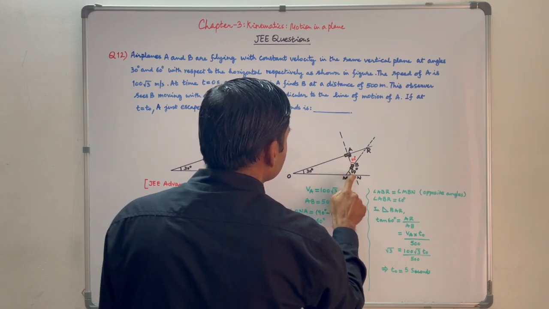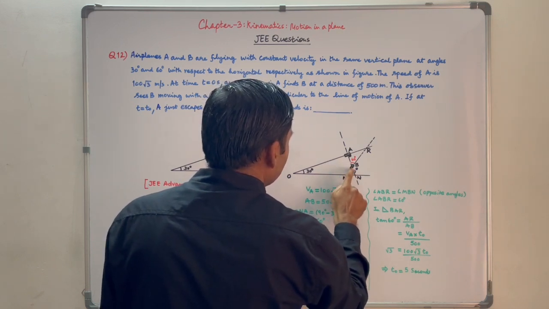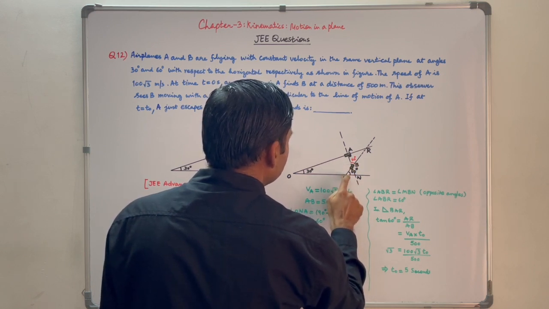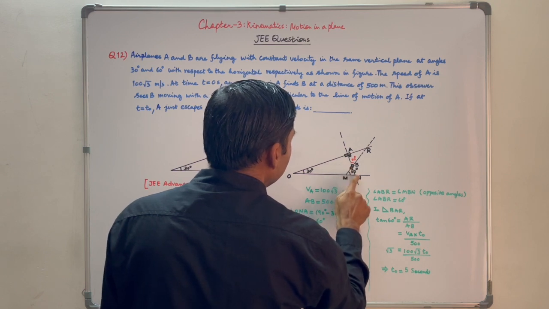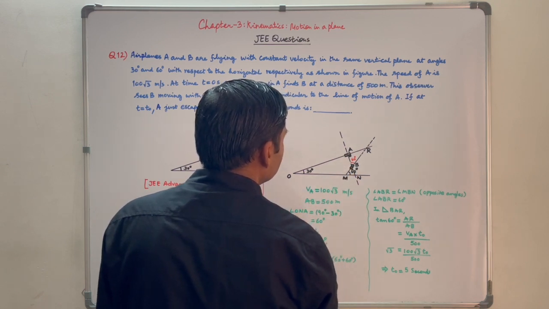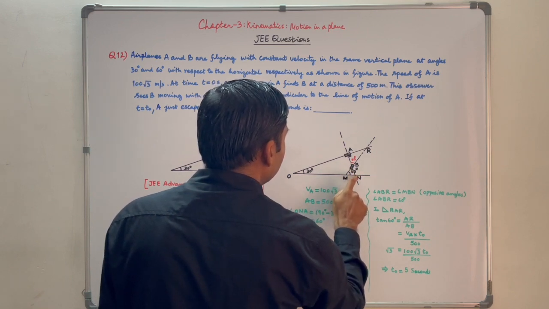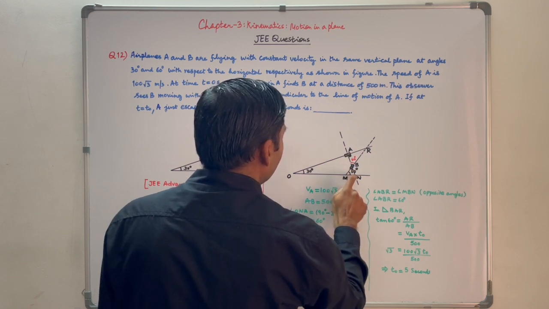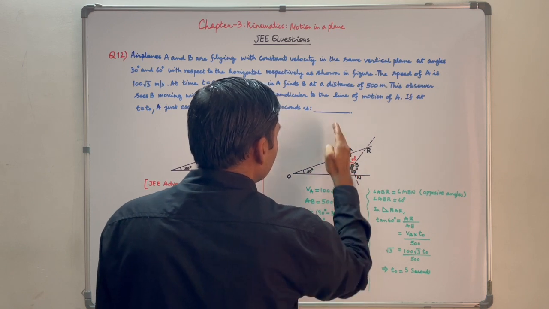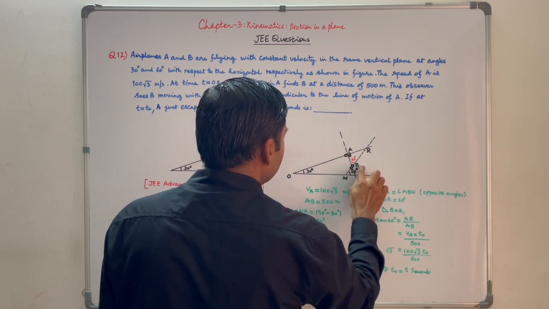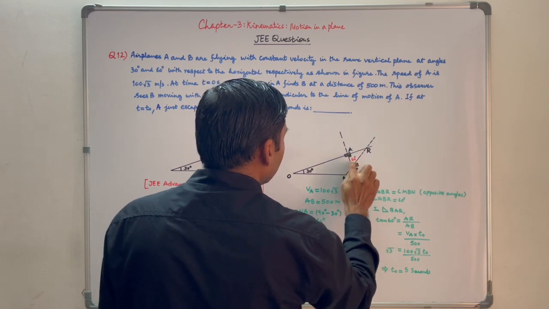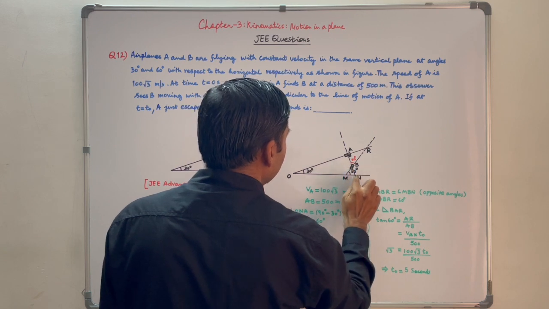So it will be 60 degrees. In this triangle, triangle BMN, angle BMN is given as 60 degrees and we have figured out angle BNM is also 60 degrees. So third angle, that is angle MBN, will be 180 minus (60 plus 60). So angle MBN will also be 60 degrees. Now these lines are intersecting at B. So angle ABR will also be 60 degrees as this is opposite to MBN.